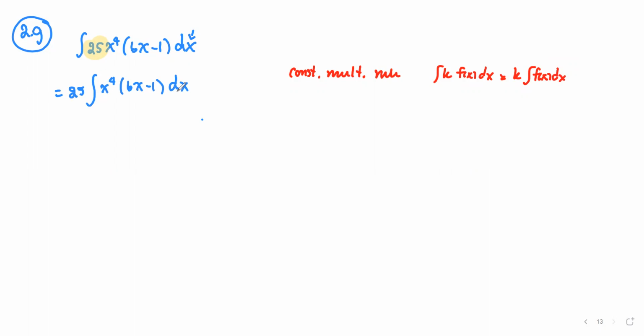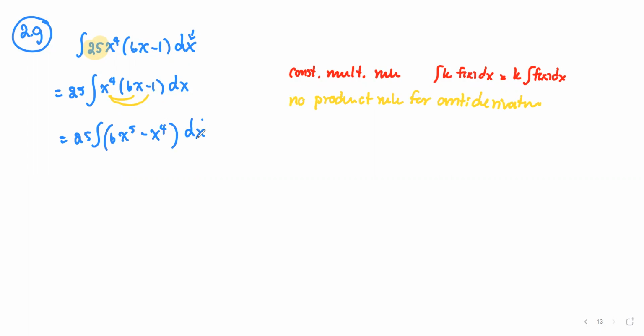We're going to expand them all out. That means we're going to use the distributive property before we apply any rule. Again, no product rule for antiderivatives. So we expand to get 25 multiplied by the integral of 6x to the fifth minus x to the fourth with respect to x.